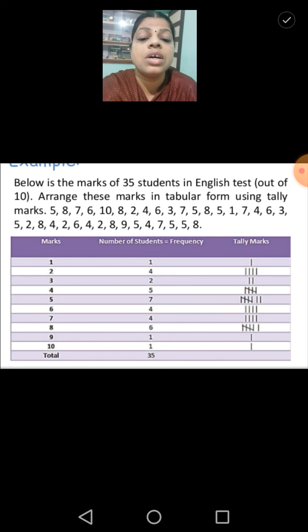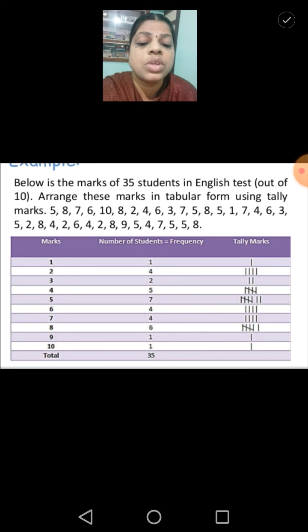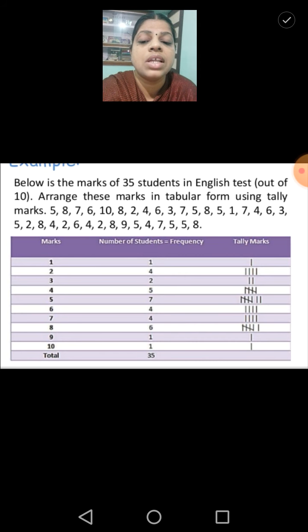It is represented through the number 1, and we put it according to the values. For the first mark, 1, the tally mark is also 1. For 2, the value repeats 4 times, so in the tally marks column it is written as 1, 1, 1, 1. Four times we have to write the value 1.